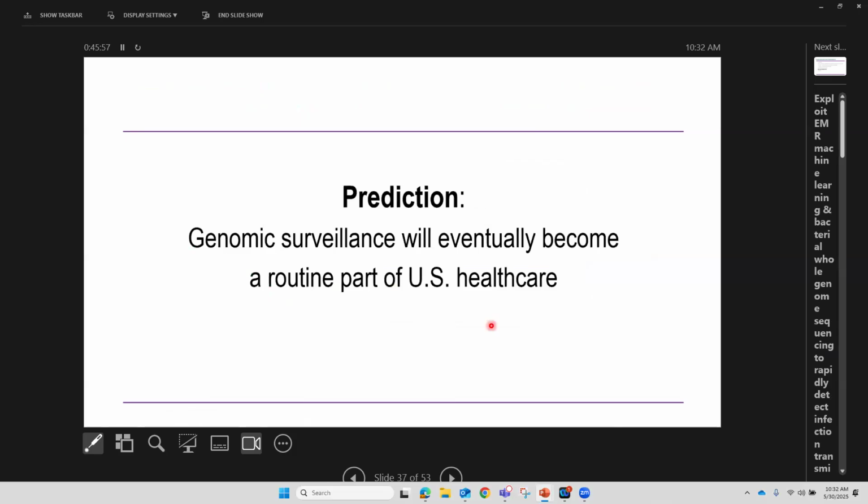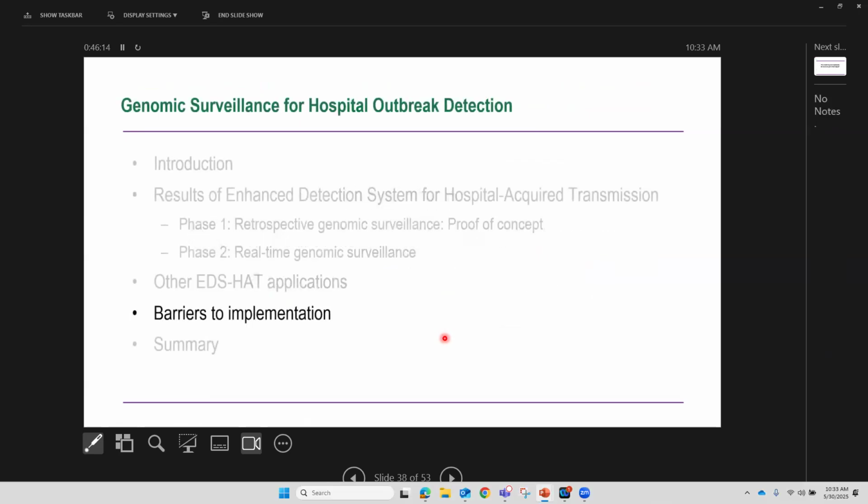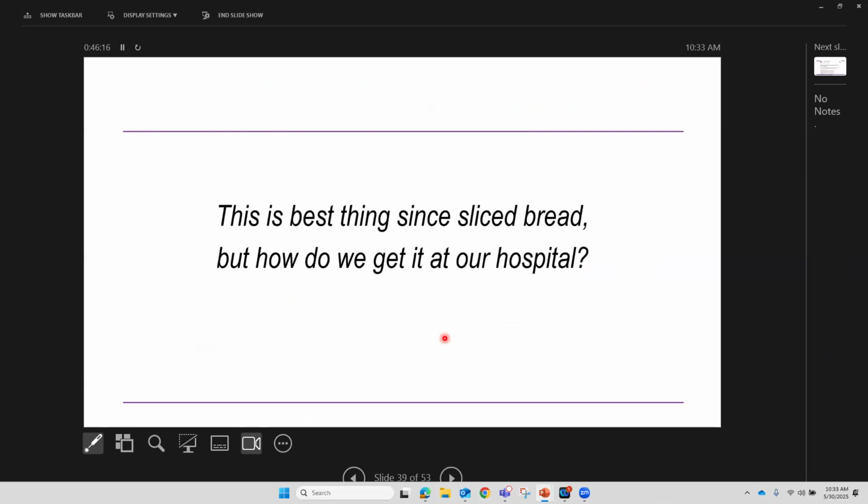So I'm going to make a prediction. I don't know if it's 5 years, 10 years, but genomic surveillance will eventually become a routine part of US healthcare, because our current approaches to identifying outbreaks just are not adequate, and genomic surveillance adds a lot. Okay, so this is great, but how do we get this started at our hospital?